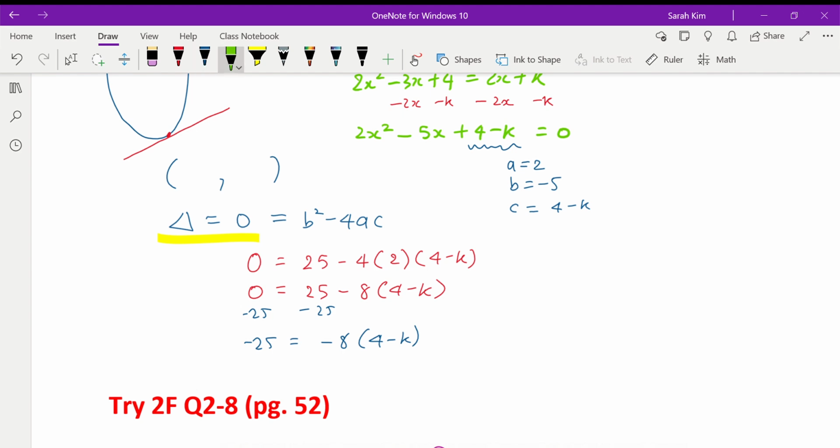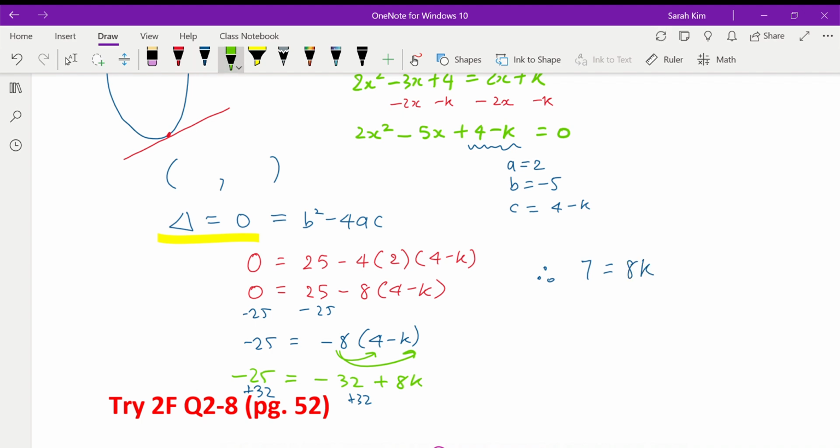I'm not going to really be able to divide both sides by minus 8. It's just not going to be very viable. So I might expand it out. Let's see what happens. Minus 32 plus 8k on this side, minus 25 on this side. Now I'm going to add 32 to both sides. So minus 25 plus 32 is 7, I think, equals 8k.